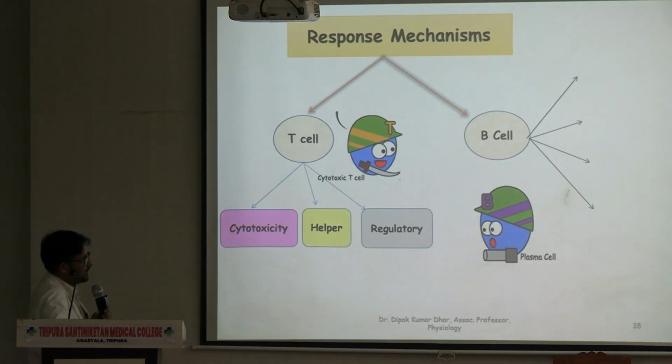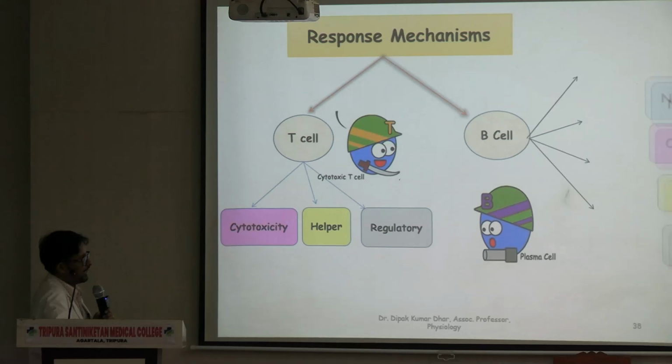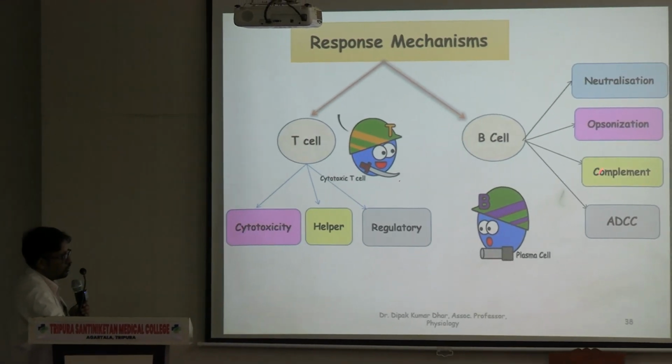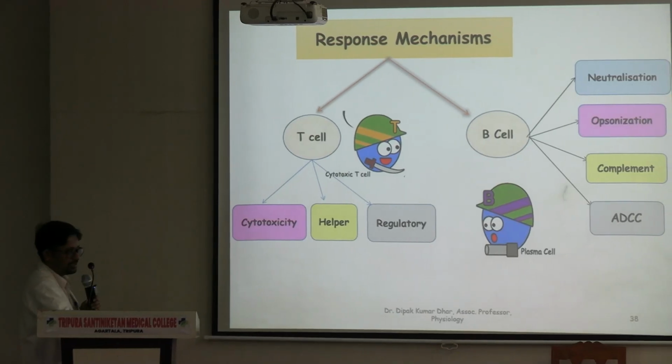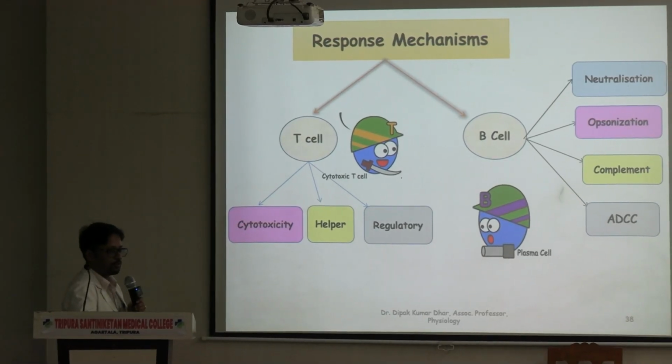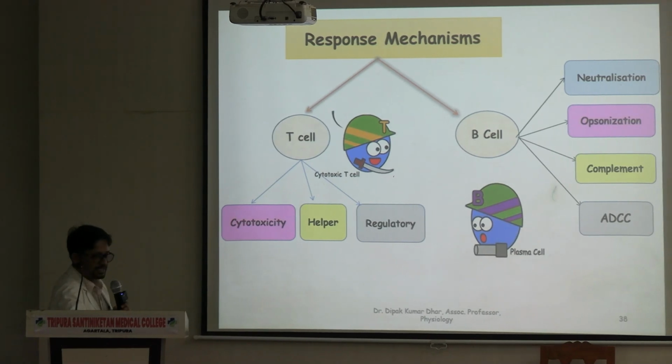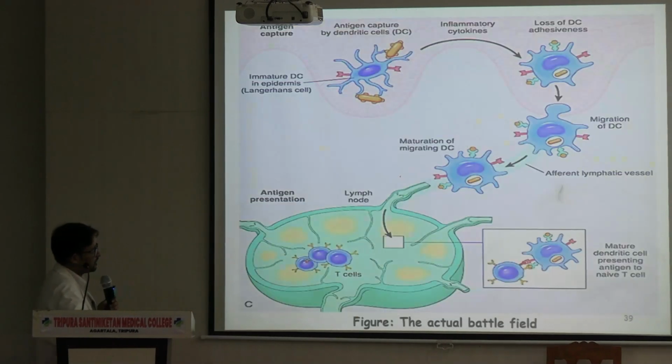All of these are important. For B cell mechanisms we have neutralization, opsonization, complement, and ADCC. ADCC is short for antibody dependent cell mediated cytotoxicity.